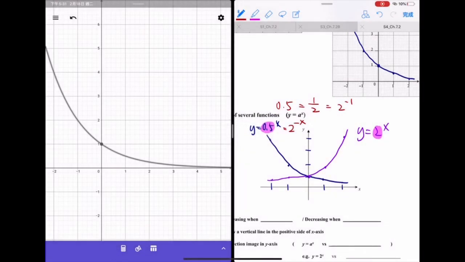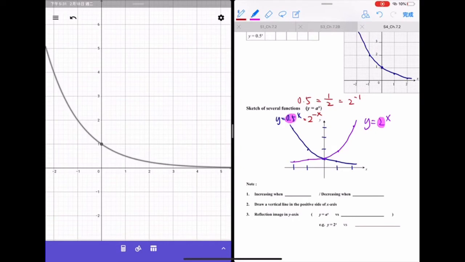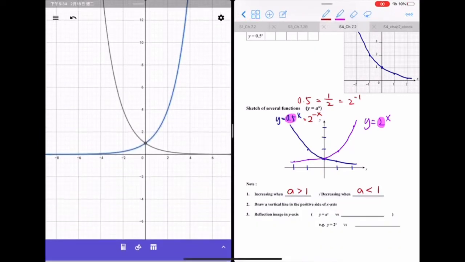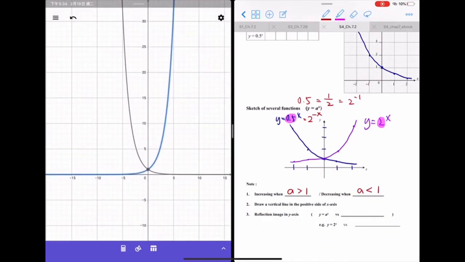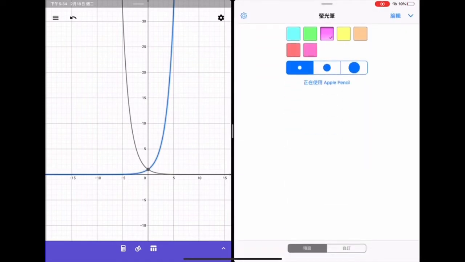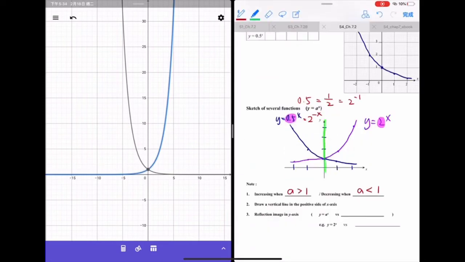So if this is a negative index, it's going to the left-hand side. The function is increasing when a is greater than 1, but it is decreasing when a is smaller than 1. So you can see clearly, they are symmetrical with each other. Therefore, we can draw an axis of symmetry. It is actually just a reflection image along the y-axis.